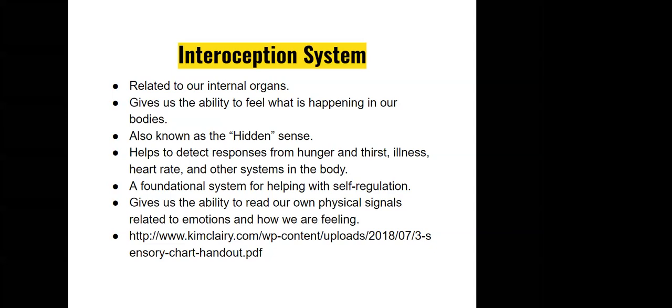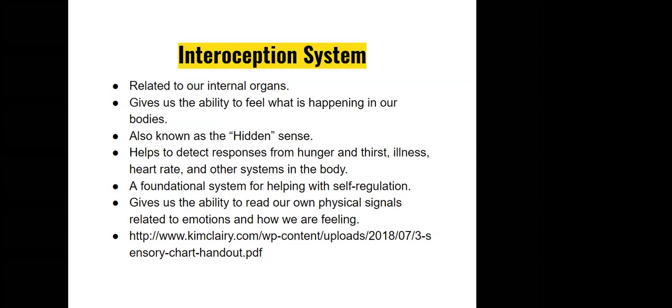The interoception system is another big one of our powerhouse systems. This one is a newer-ish system. We're starting to learn more and more about it, and it's really interesting.